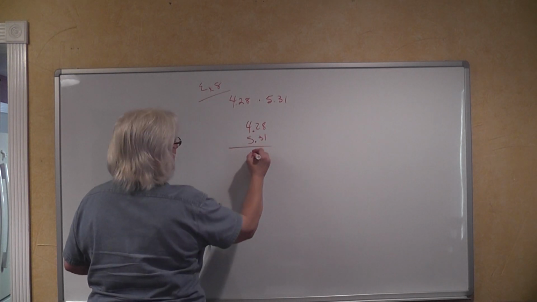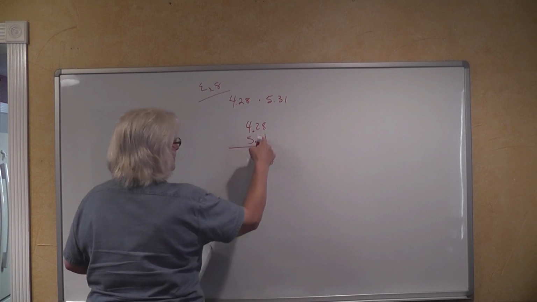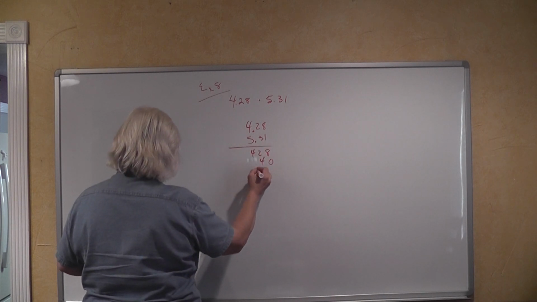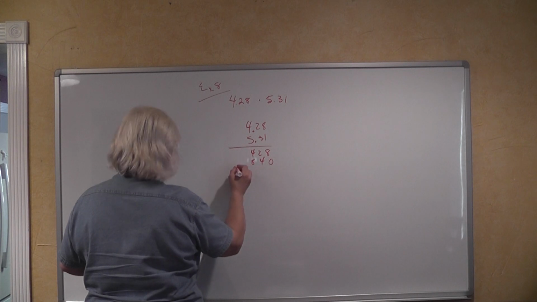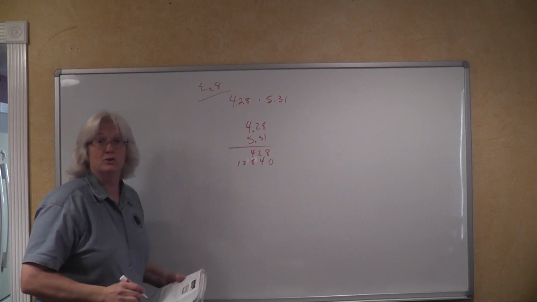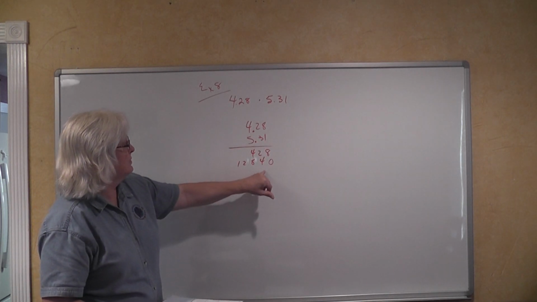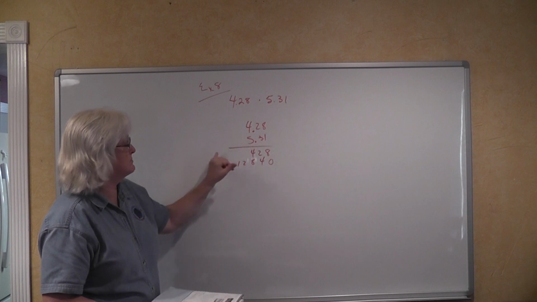If we multiply, we have 428. We have a 0 here, 3 times 8 is 24, 8, and I am just not trusting my mind today. 3 times 8 is 24, 3 times 2 is 6, 3 times 4 is 12.